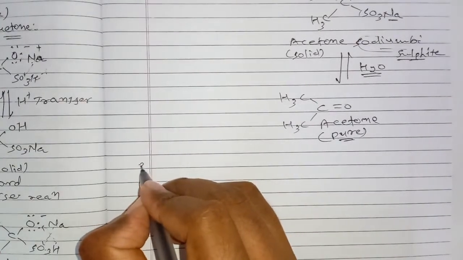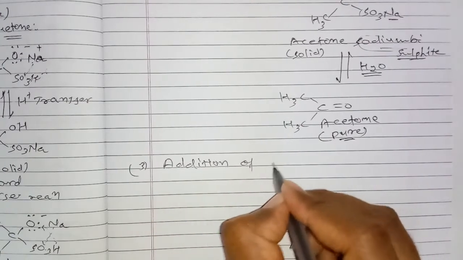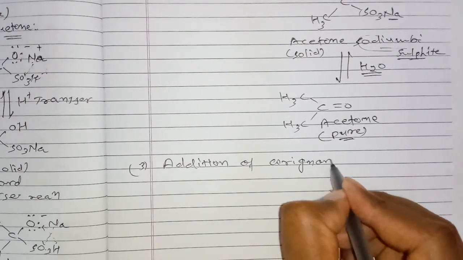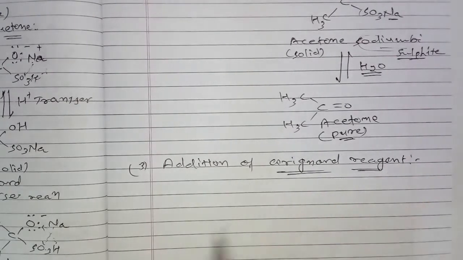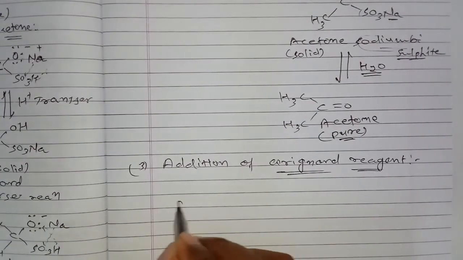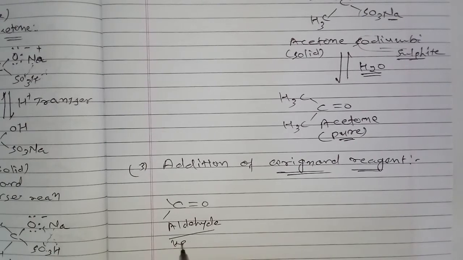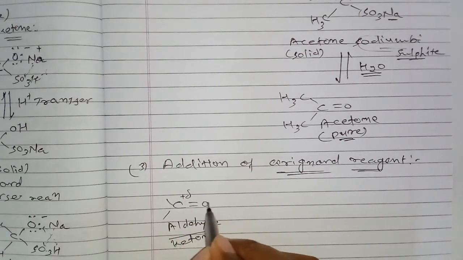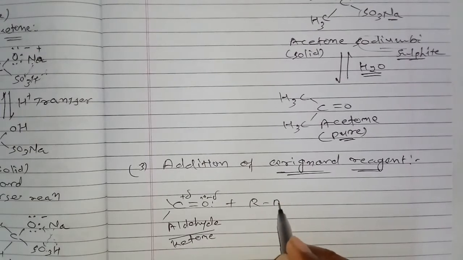Now the third reaction is the addition of Grignard reagent. It is a common reaction for aldehyde or ketone, which will react with Grignard reagent.